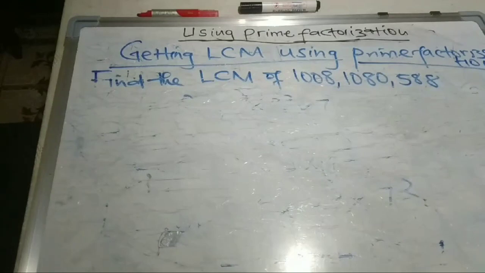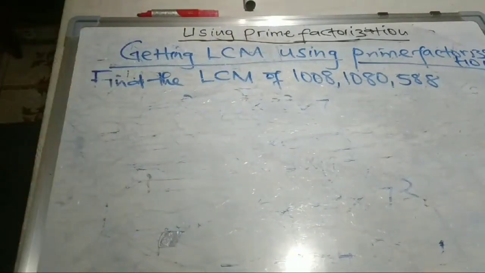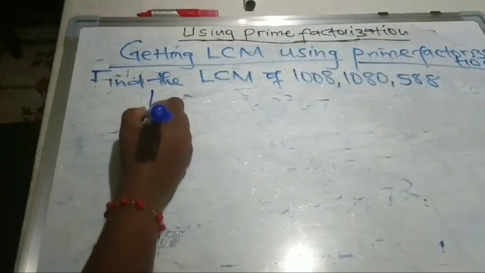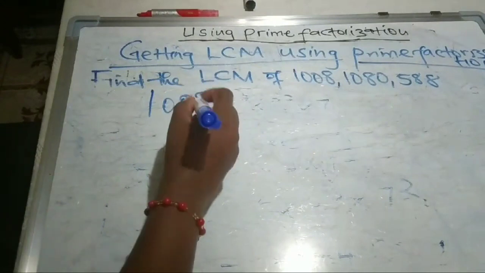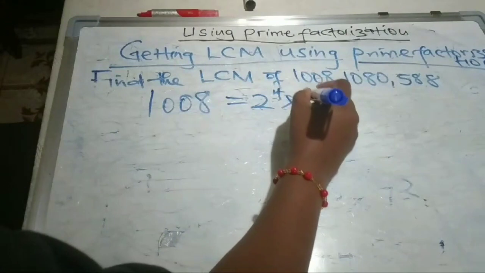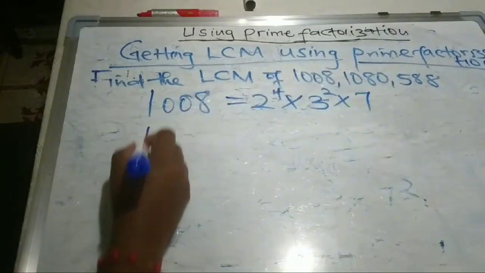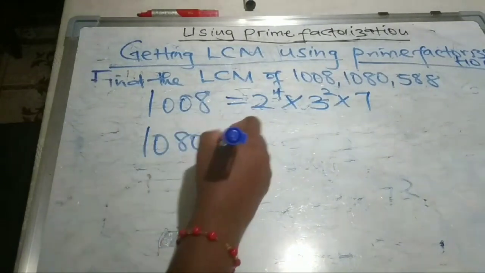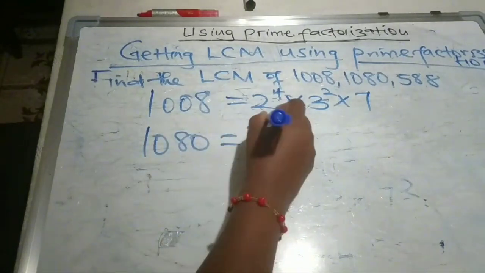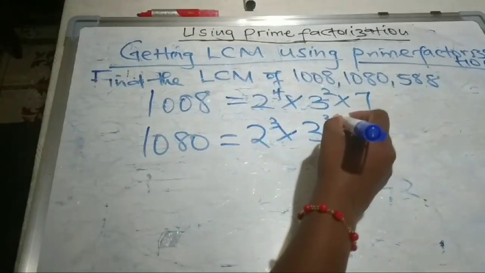So the factors for this particular question are: 1008 is 2 power 4 multiplied by 3 power 2 times 7. For 1080, the factors are 2 power 3 multiplied by 3 power 3 multiplied by 5.